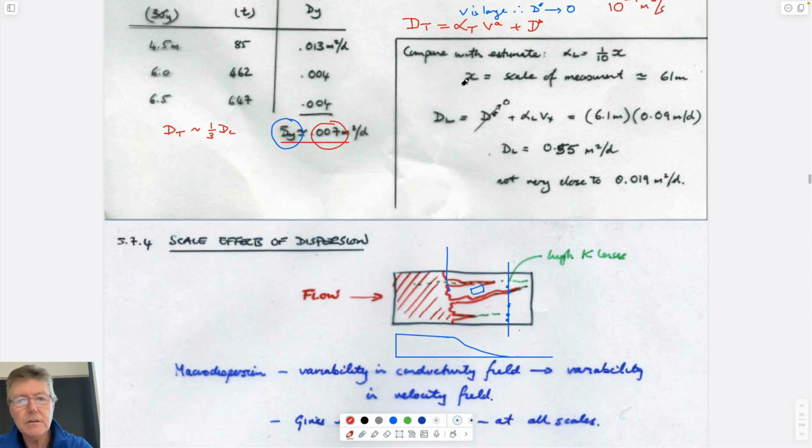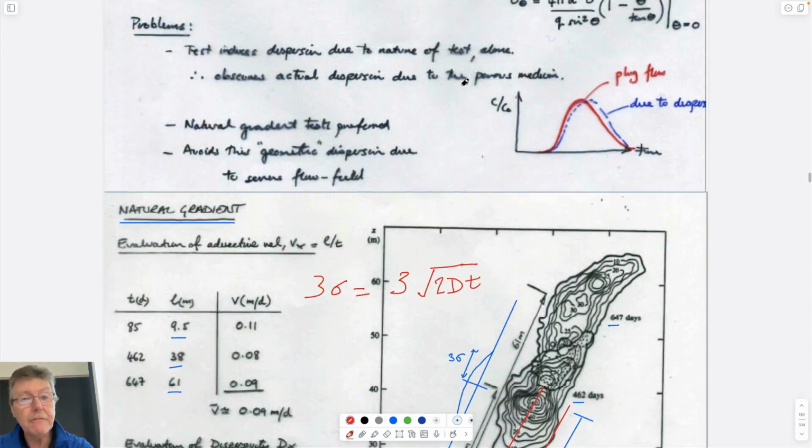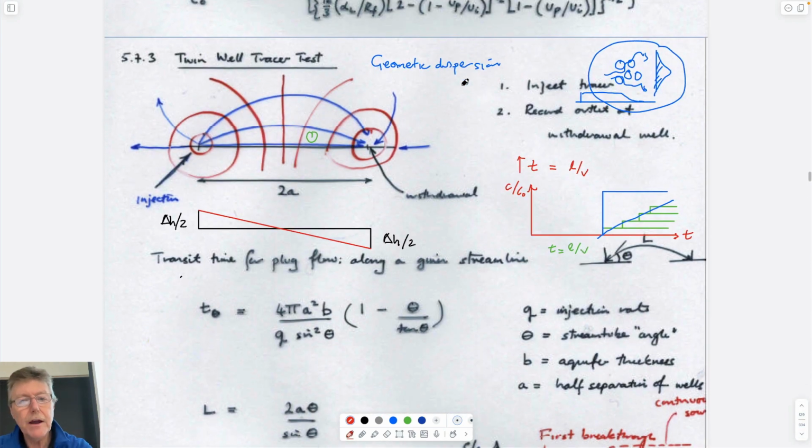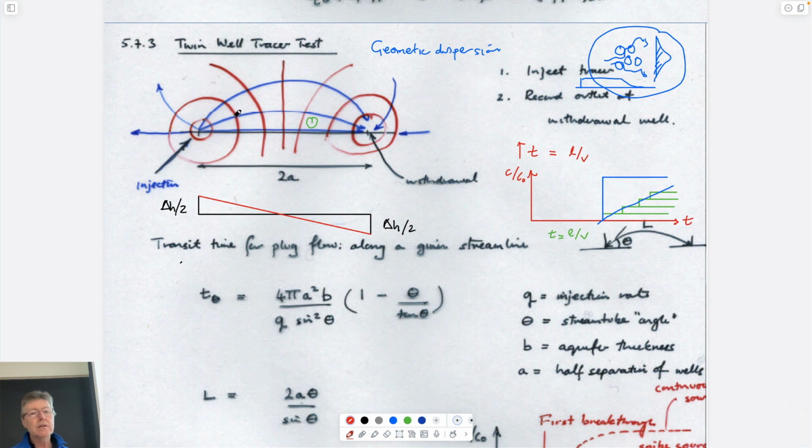And I guess the other damning factor is that if you do experiments that are not at the in situ velocity, they're not natural gradient experiments, but they are forced gradient experiments, then, depending on the geometry of your test, you might get artificial dispersion in them.